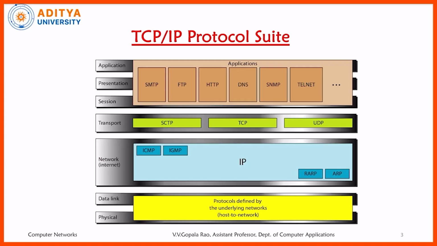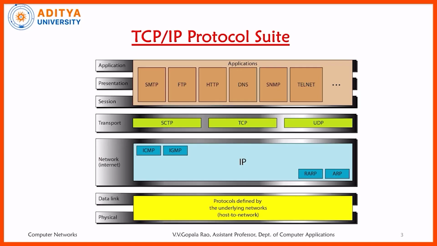The physical layer and data link layer are combined, the network layer is shown separately, the transport layer is also an individual layer, and the combination of session layer, presentation layer and application layer is known as the application layer in this TCP/IP protocol suite.